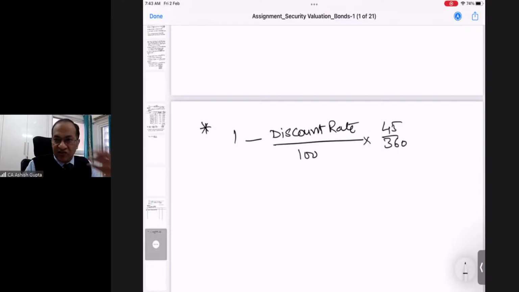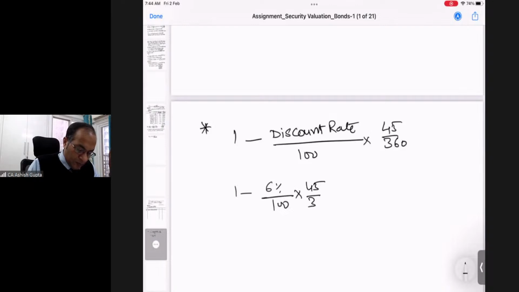I am taking here 360. You can also take 365 days. So our discount rate is 6%. Accordingly, I compute the same: 6 divided by 100 into 45 divided by 360.